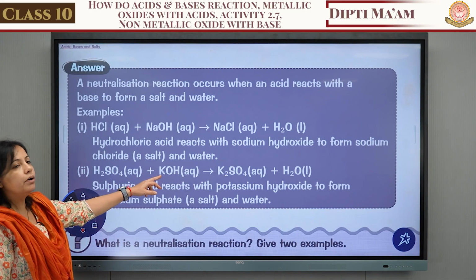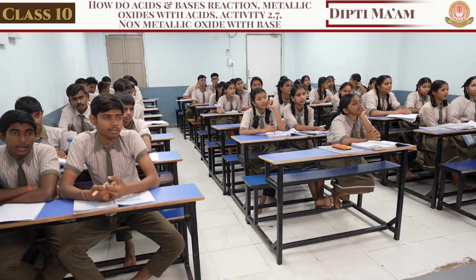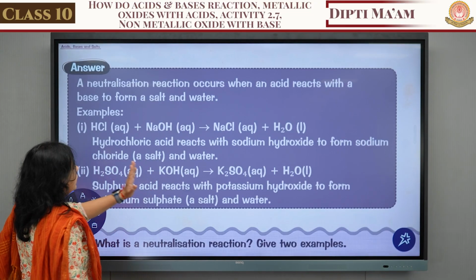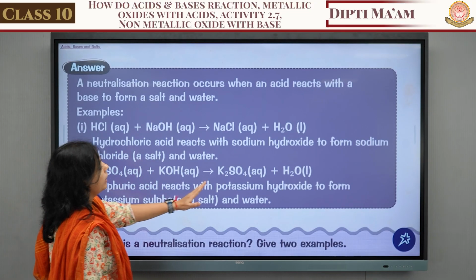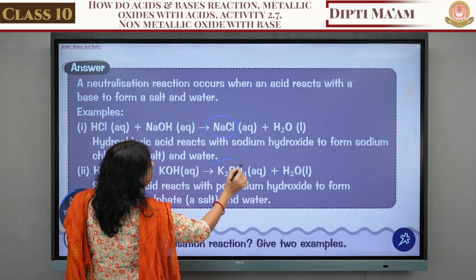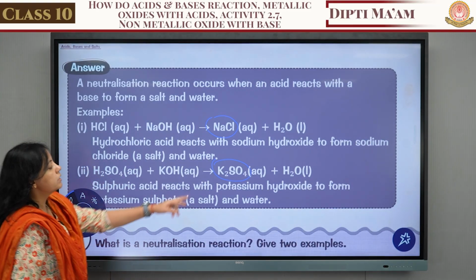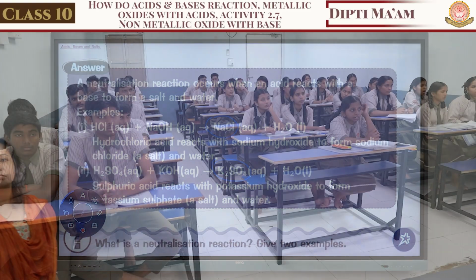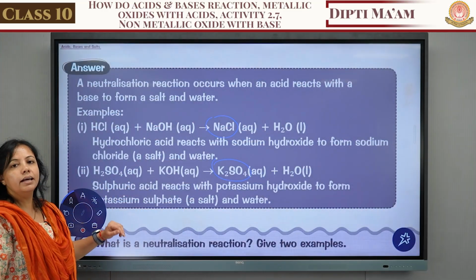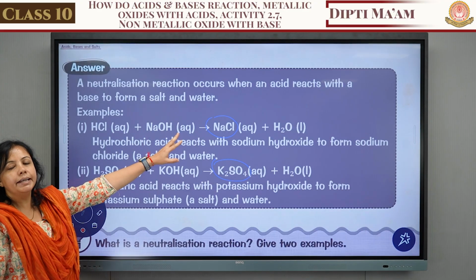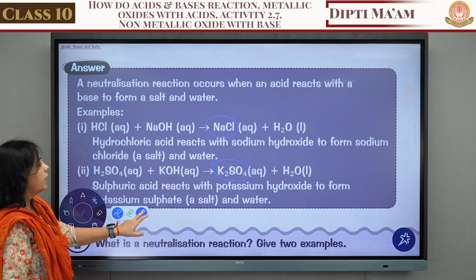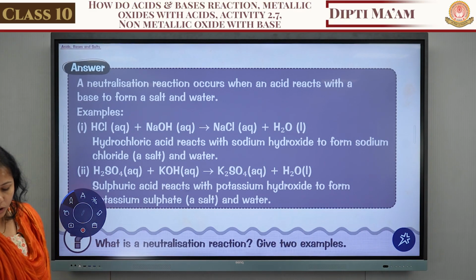So the name of KOH is potassium hydroxide. Okay. So here the H2SO4 reacts with KOH, and the potassium reacts with SO4 and a water molecule is formed. Here NaCl is the salt and here K2SO4 is a salt. What is the name of K2SO4? Potassium sulfate. And what is NaCl? Sodium chloride. Okay. So these both are salts and a water molecule is formed.